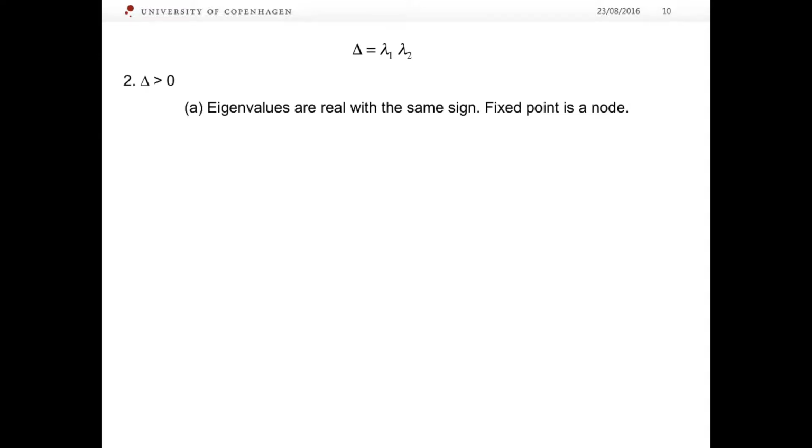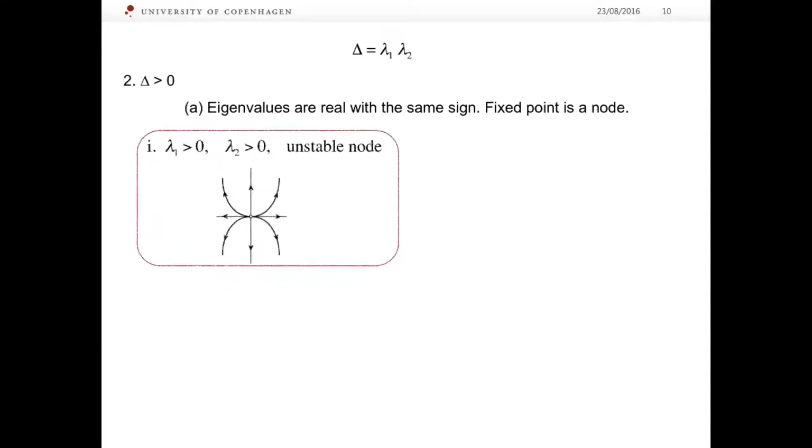In that case, the fixed point is called a node. And here we have two cases. Suppose both eigenvalues are positive. In that case, the small deviations will monotonously increase in time, and they will not fluctuate. The phase trajectory, which starts close to the fixed point, gradually goes away from it. Therefore, this fixed point is unstable.